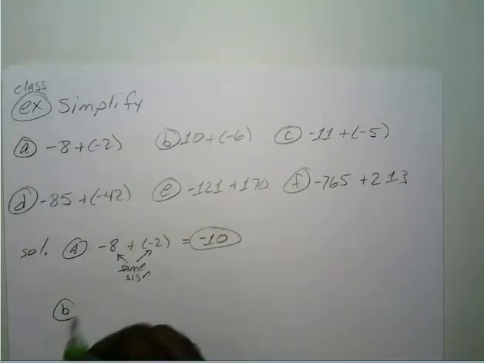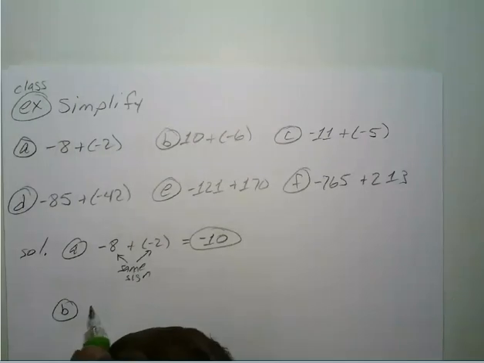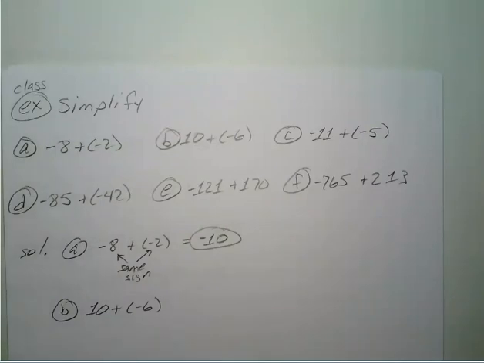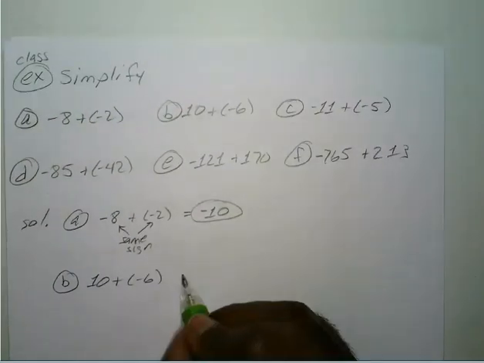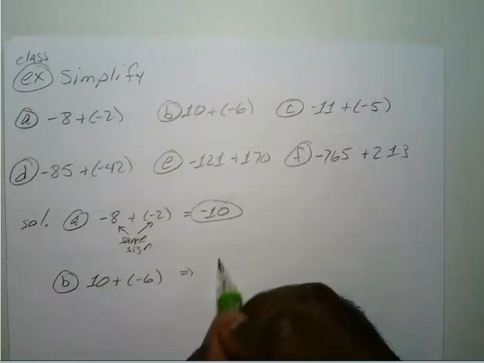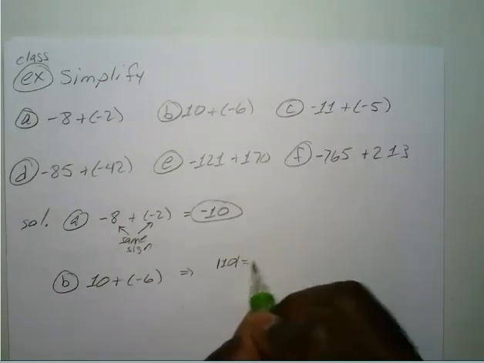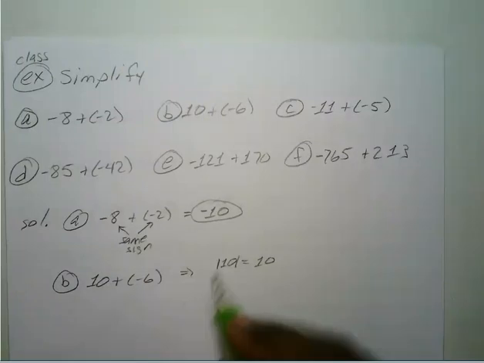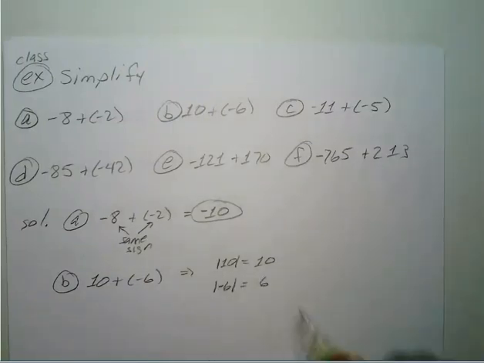Okay, now for problem B, you have 10 plus a -6. Now they have a different sign, which means you have to do the absolute value steps. The absolute value of 10 is equal to 10. The absolute value of -6 is equal to 6.